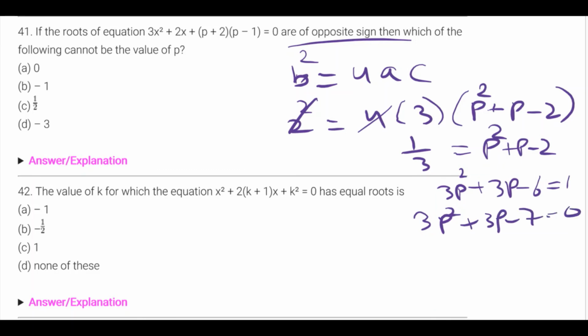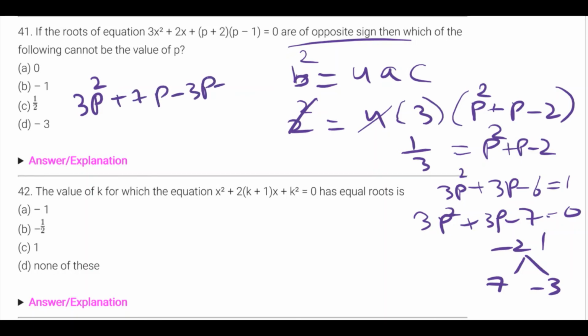So factorizing, we get 3p square. We need to split minus 21 as 7 and minus 3. 3p square plus 7p minus 3p minus 7 equals to 0. 3p of p plus 7 minus 1 of p plus 7 equals to 0.